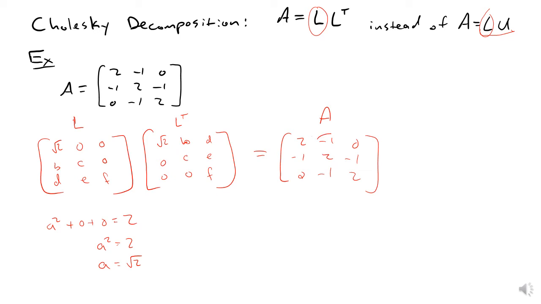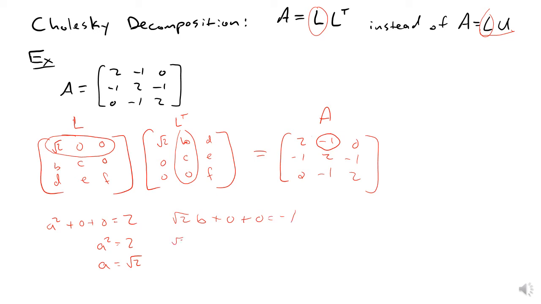If I wanted to find this entry -1 in the first row, second column, then I would be doing this first row, second column with L and L transpose using your usual matrix multiplication rules. That would be √2 times B plus 0 times C plus 0 times 0. And that would give me that -1 entry.